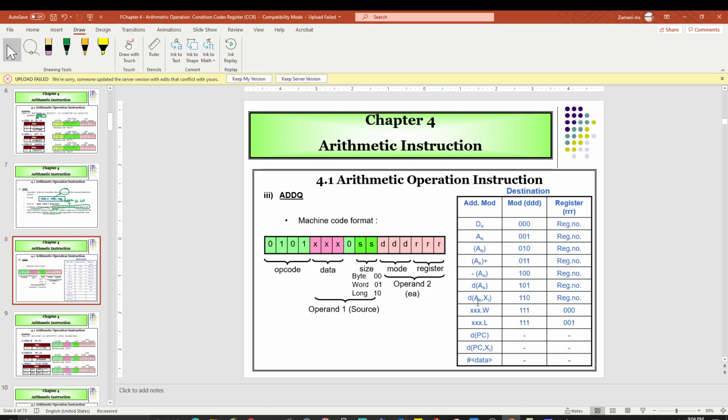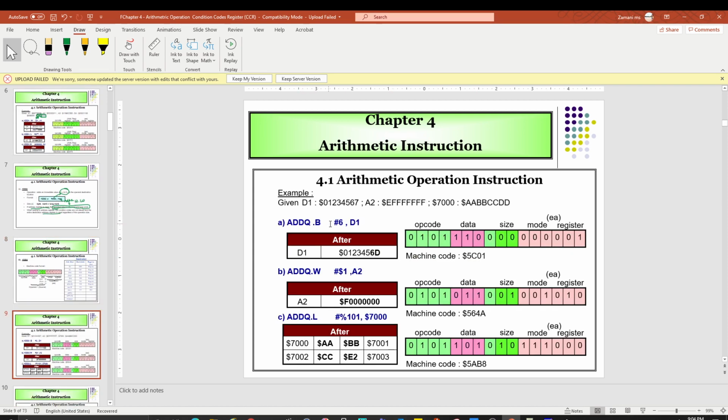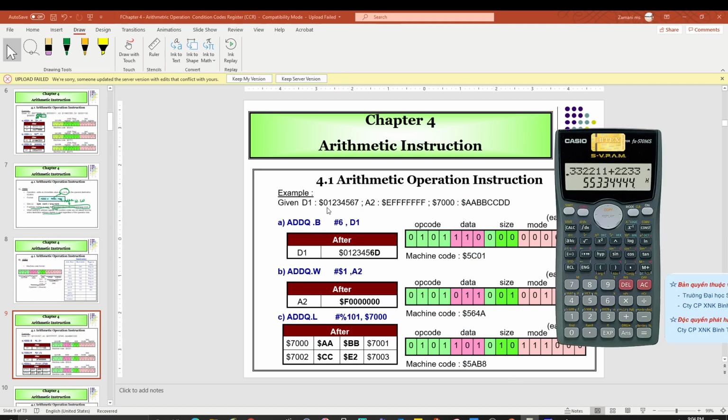Add quick example. Add quick.byte number 6 to D1. D1 is given this one, and you're going to add 6. Remember that only 1 to 8 is allowed. So D1 is given this number, so you just add 6. 0, 1, 2, 3, 4, 5, 6, 7 plus 6 in hexa.